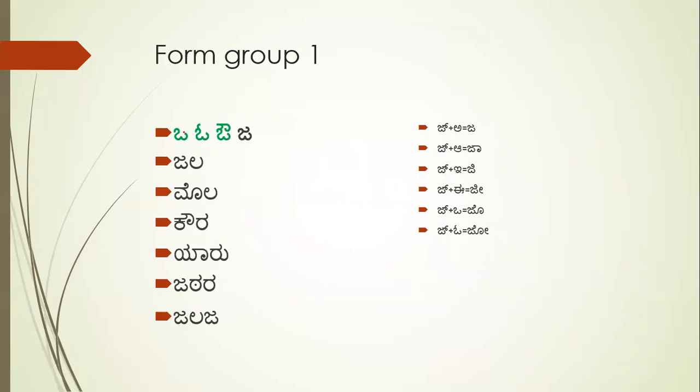So now we have three vowels in this group and one consonant. So o, ow, j. Okay, o and ow are vowels and j is a consonant. Now let's read a verse like jala, mola, kaura, yaru, jhatara, jalaja.